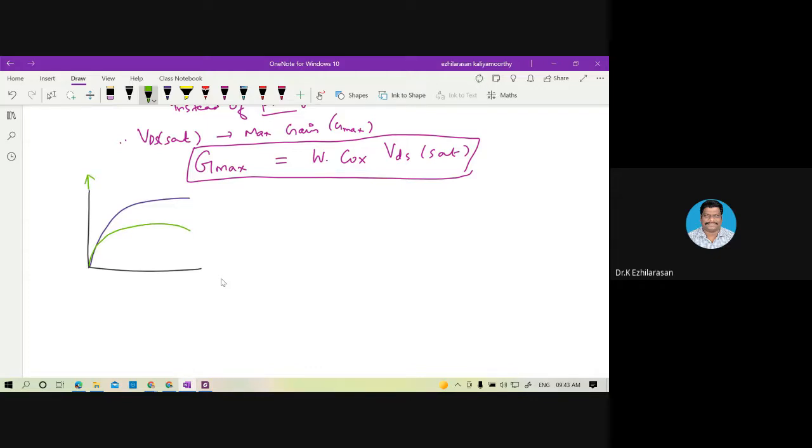Here this is IDS. Now we can see here this is nothing but your VDS sat. Then this portion is VGS minus VT, because this is nothing but VDS.